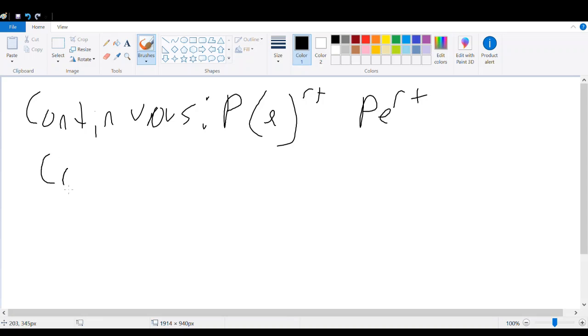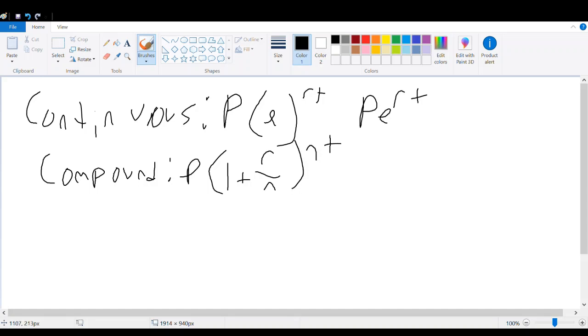And then if it's compound interest, it's a little bit more complicated. Compound. It'll still be p, which is the principal amount invested, times 1 plus r over n to the nt. And basically where that just comes from is you have the 1 here because the p will apply to that 1, and it's just p times 1 is the p plus p times the rate over amount of times invested per year to the nt.